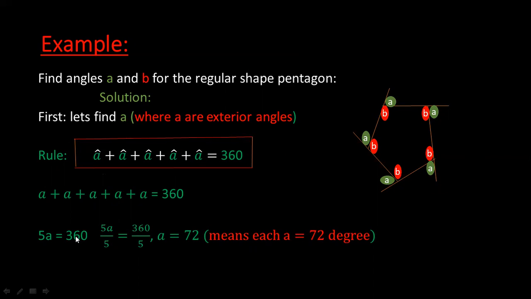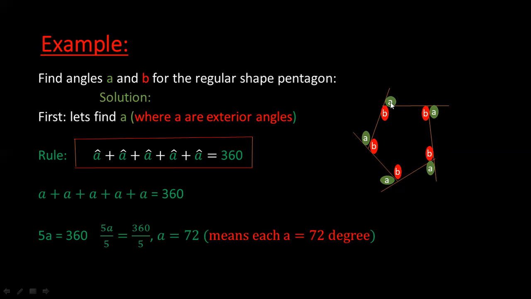We make A the subject of the formula by dividing both sides by 5. Then we get A equals 72. So each A equals 72 degrees. That means we have just calculated the exterior angles.